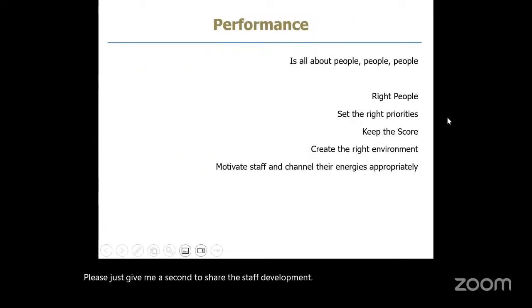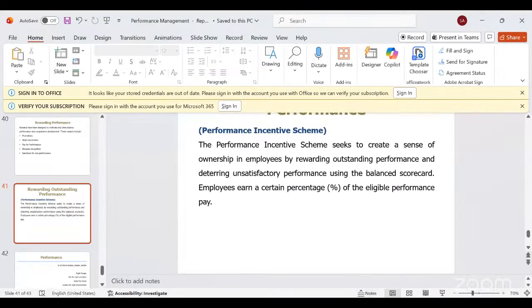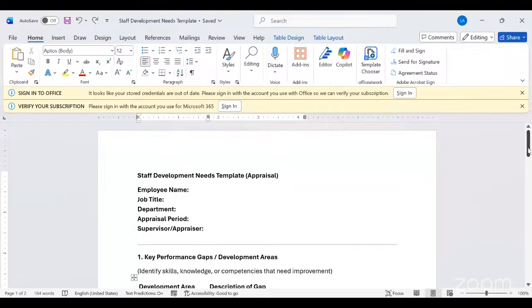And then we can end with questions. Please, can we see the staff development template?